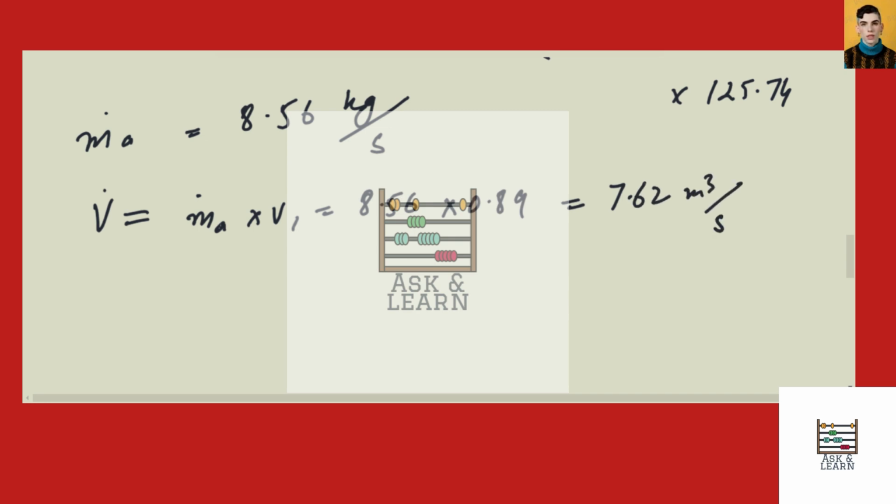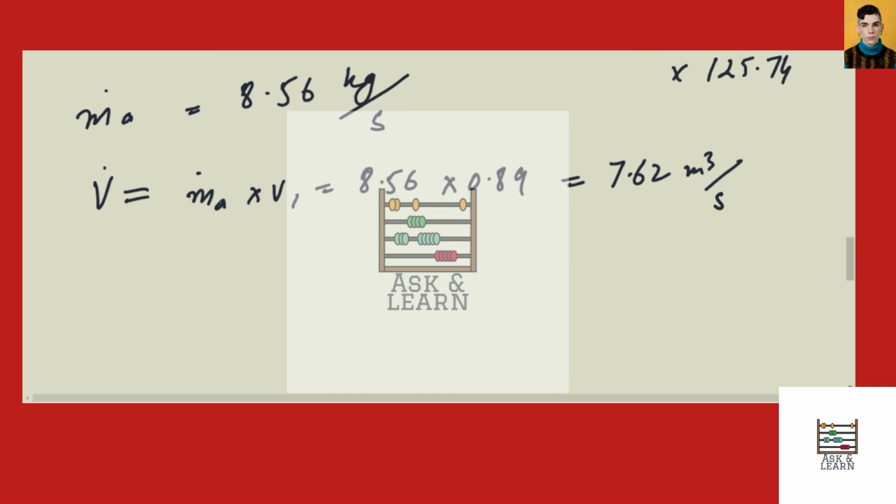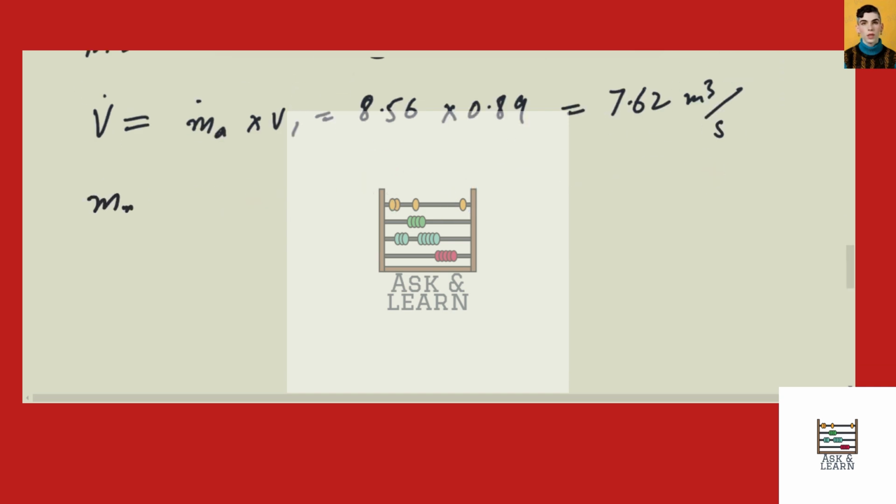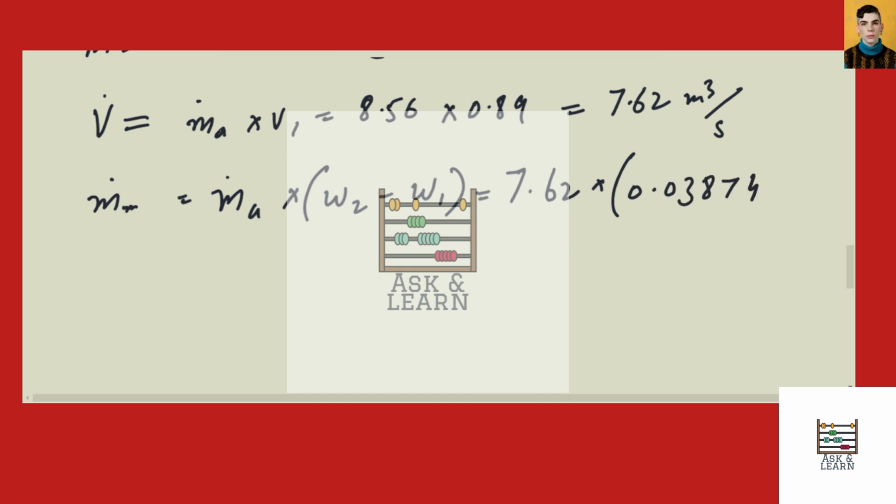And also we can calculate the mass flow rate of the makeup water, that is Mm is equal to Ma multiplied by W2 minus W1 is equal to 7.62 multiplied by 0.03874 minus 0.011.